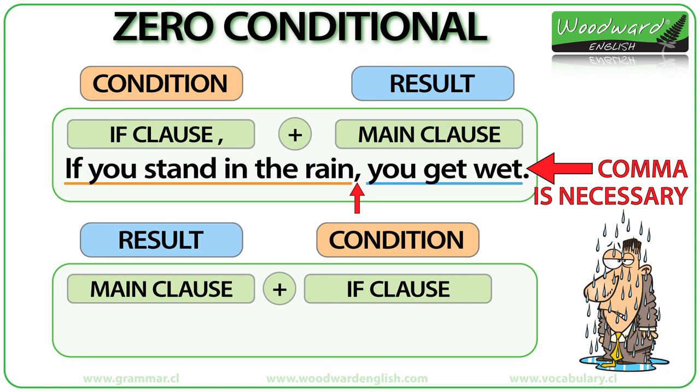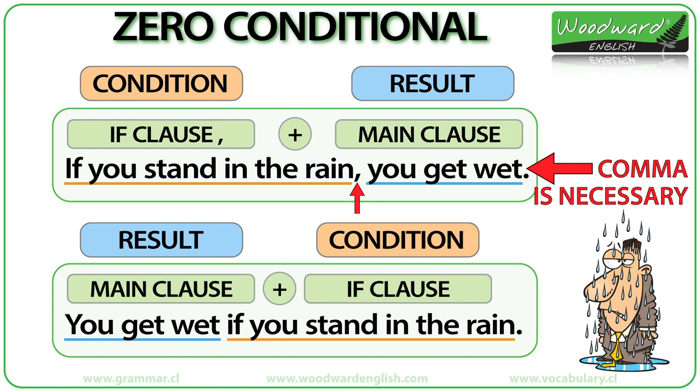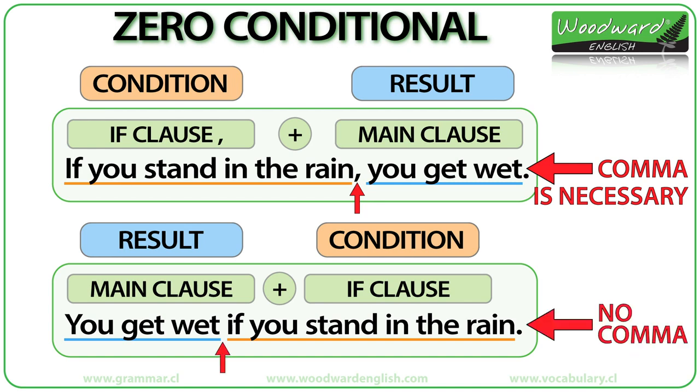How can we change our example sentence? If you stand in the rain, you get wet. How can we change it to this order? We say, you get wet if you stand in the rain. Note that with this order, we do not use a comma between the clauses.